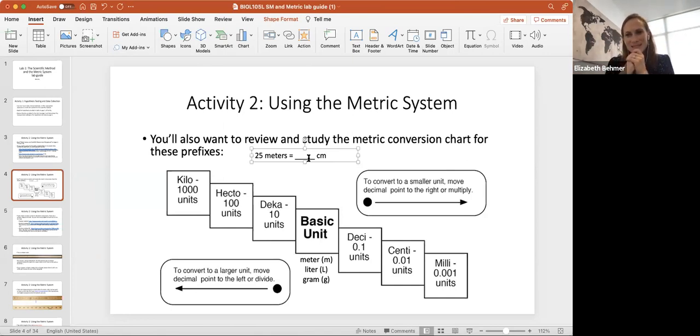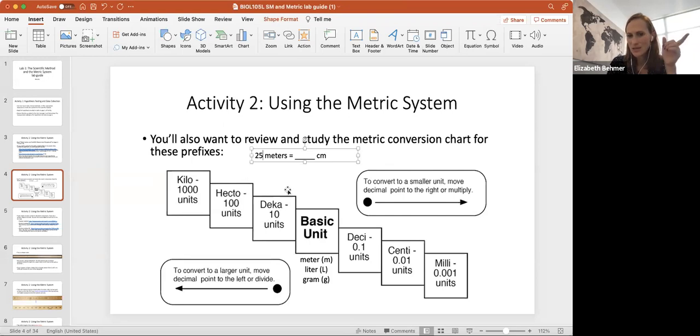And it's really simple. All you have to do is remember the order. So this is kilo, hecto, deca, base unit, deci, centi, milli. To convert to a smaller unit, you move the decimal point to the right. And to convert to a larger unit, you move the decimal point to the left.